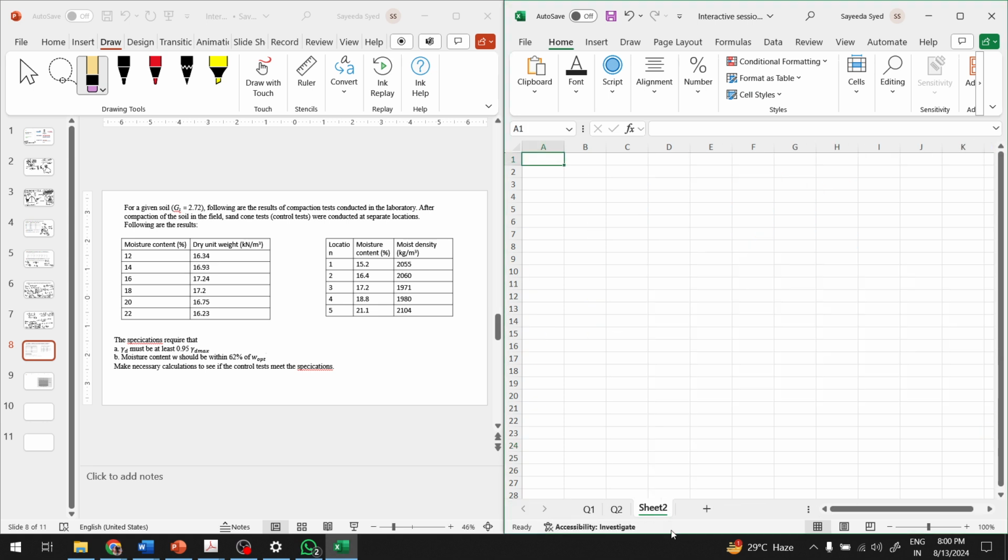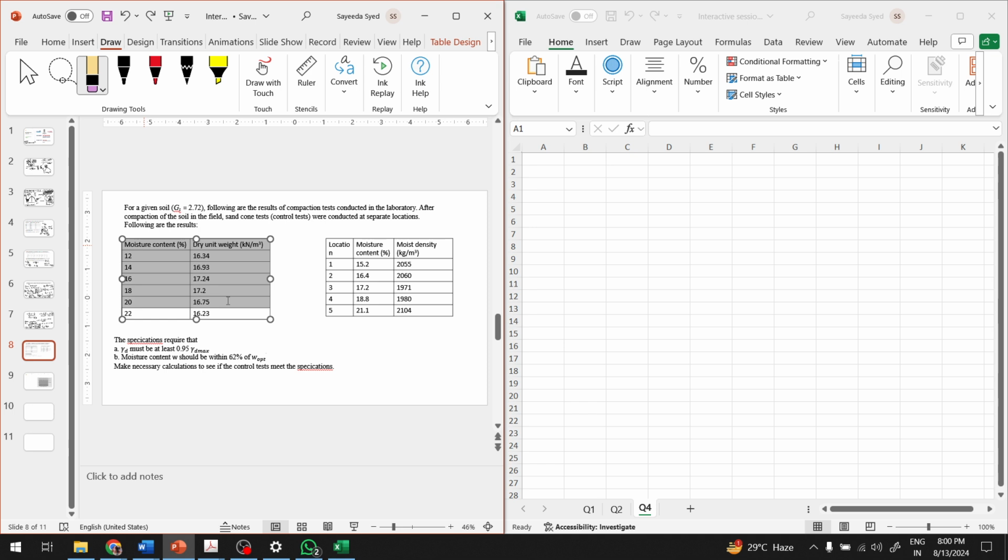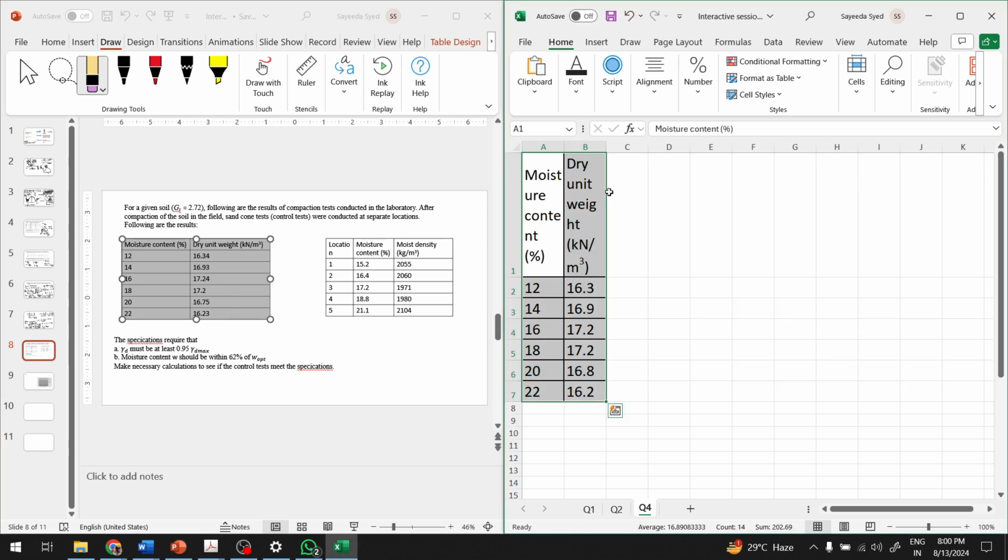This is question number 4. Okay, and we have the moisture content and dry unit weight directly. So we don't need to calculate from weight and everything. We just have the entire data. We just need to plot.